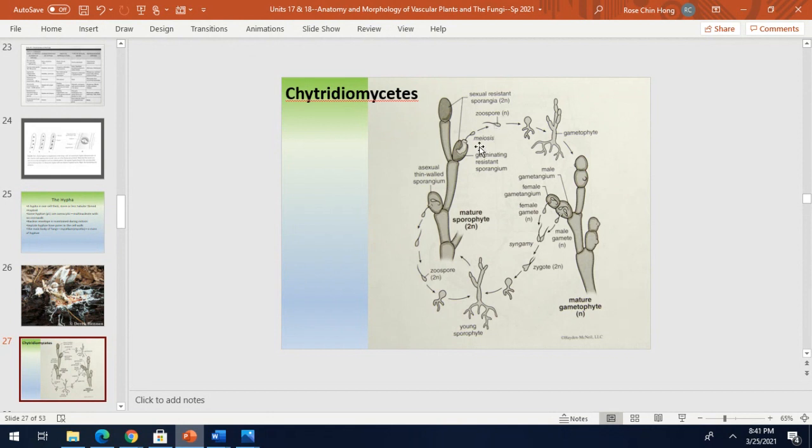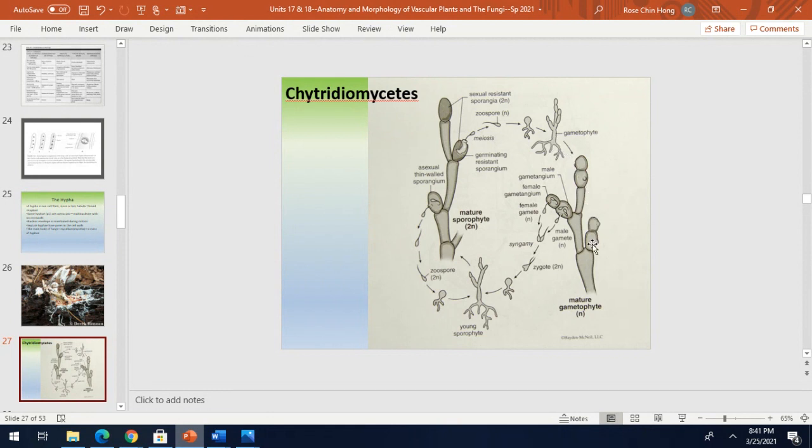Once they go through meiosis, these zoospores will germinate into a gametophyte, because the zoospores are N, they're haploid. So it will develop into a gametophyte.